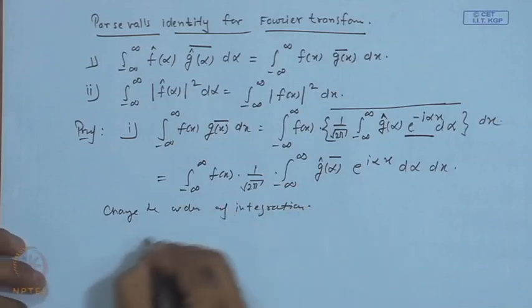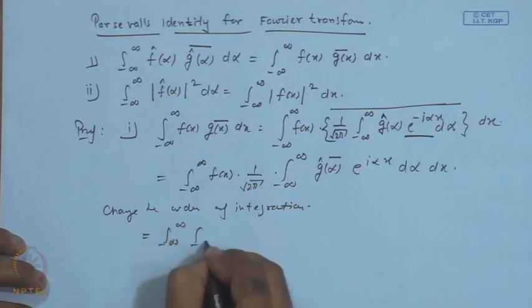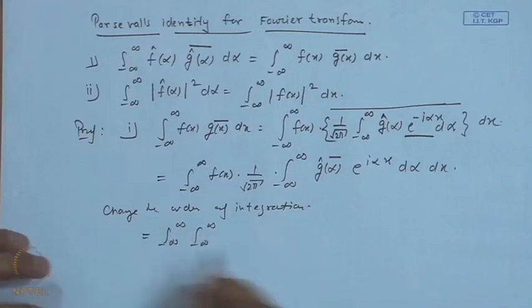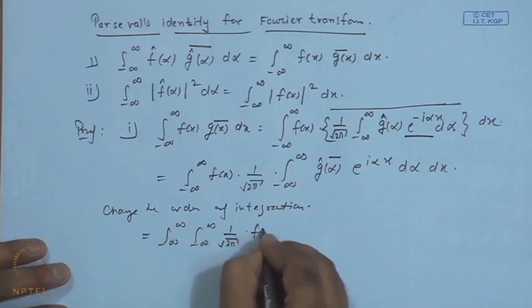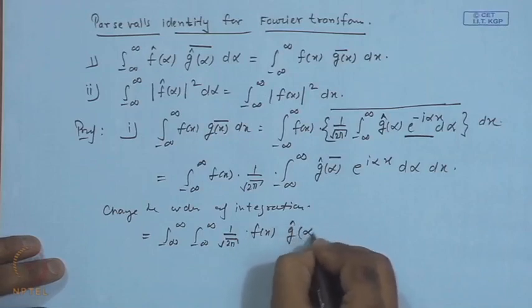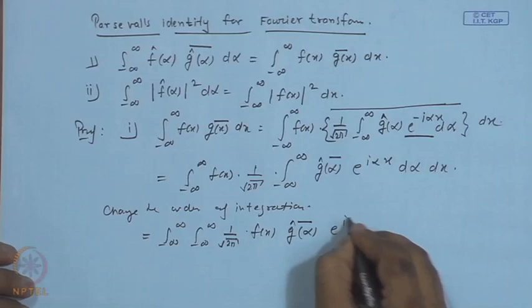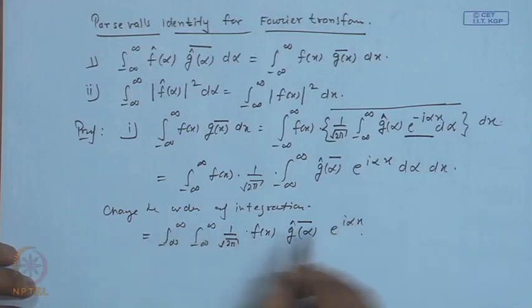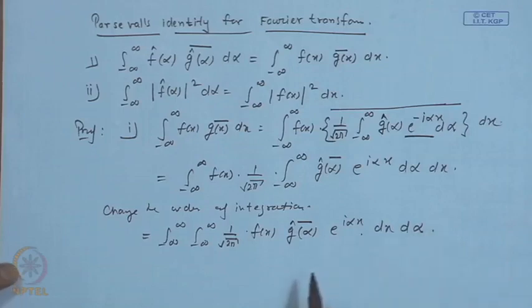In this case, then we will get, so minus infinity to plus infinity, minus infinity to plus infinity, 1 over this square root 2 pi, we have f(x), we have g hat alpha complex conjugate, and we have this e^{iαx}, then dx, and we have dα.